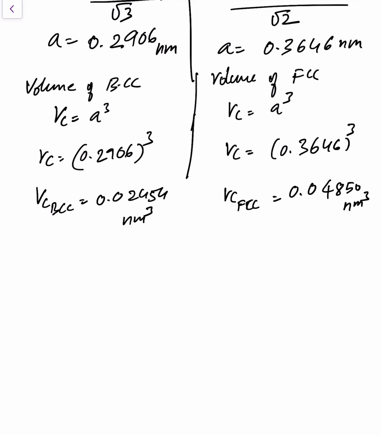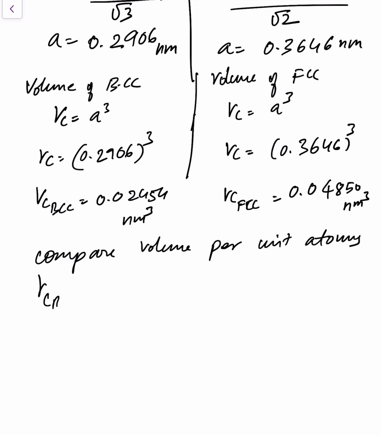Okay, now compare volume per unit atoms. Therefore volume of BCC will be equal to 0.02454 divided by 2, because there are 2 atoms per unit cell in a BCC.